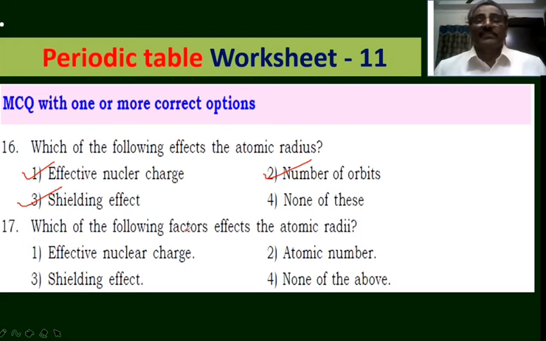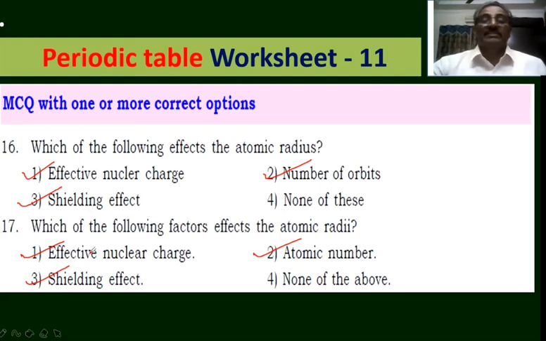17th question. Which of the following factors affects the atomic radii? Effective nuclear charge. Again, it affects atomic number. As the atomic number increases, nuclear charge also changes. So atomic number also affects the size of the atom, that is atomic radii. Shielding effect affects the atomic size.